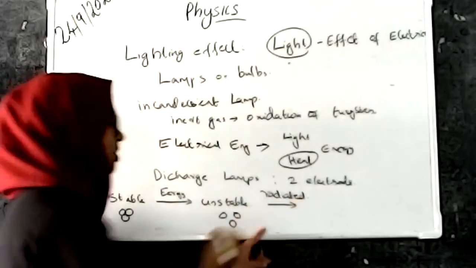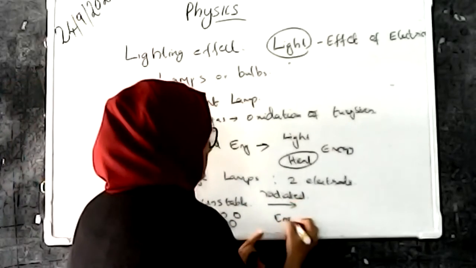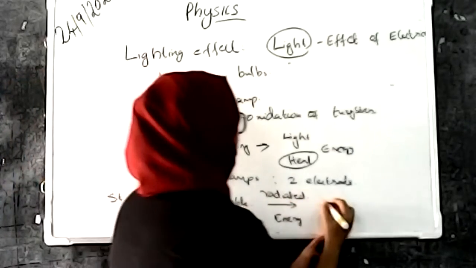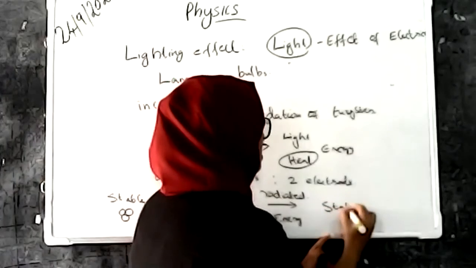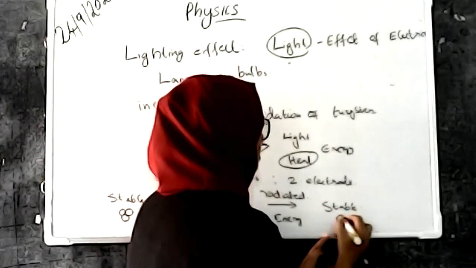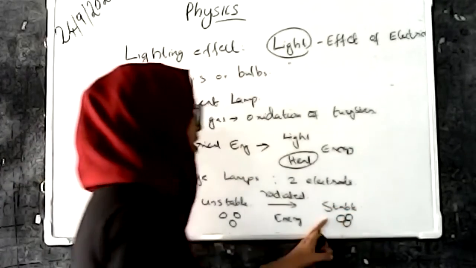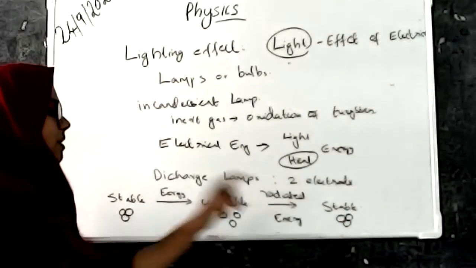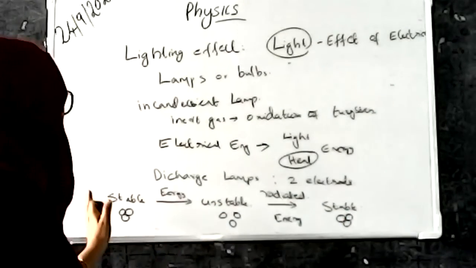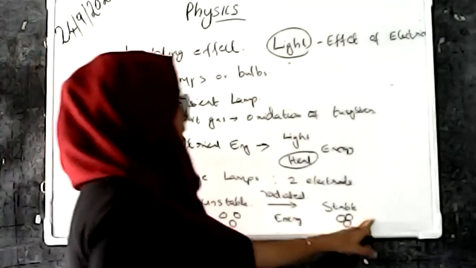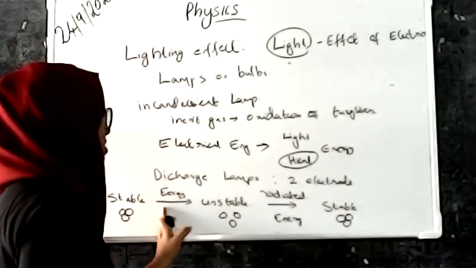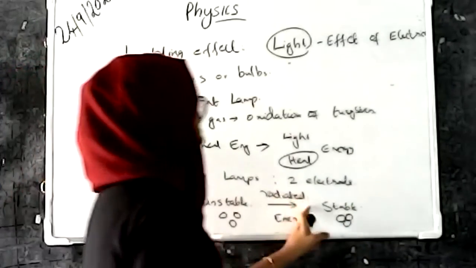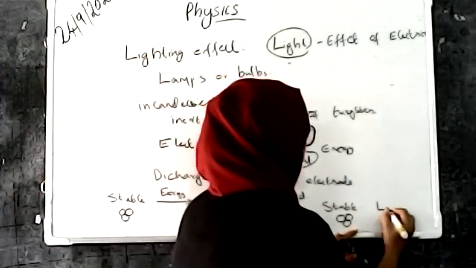Here the radiation is the energy, and the molecule comes to a stable position. The unwanted energy is radiated as light, and the molecule comes to a stable position, and the electrical energy is transformed to light energy.